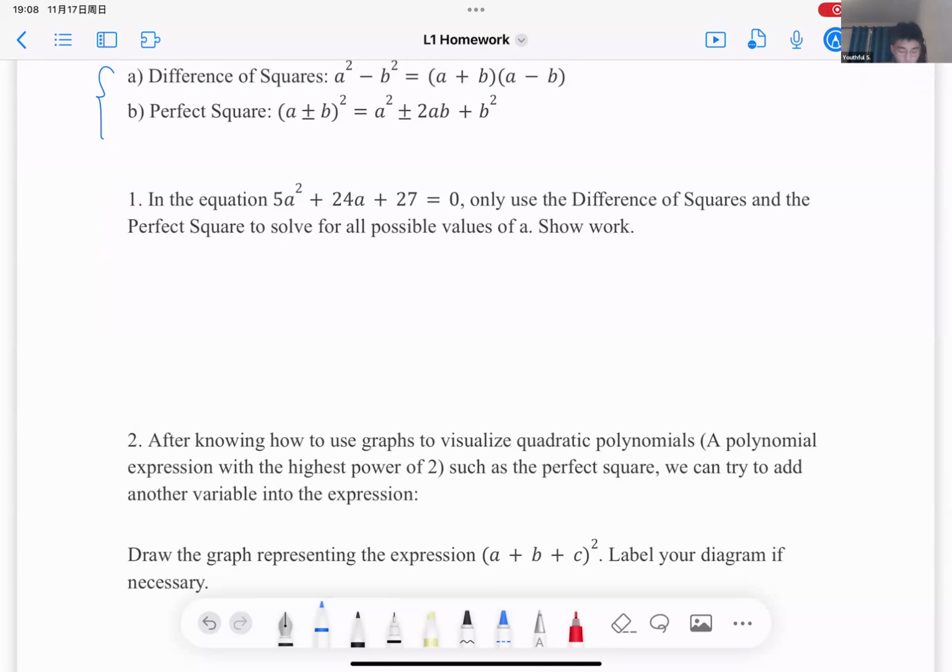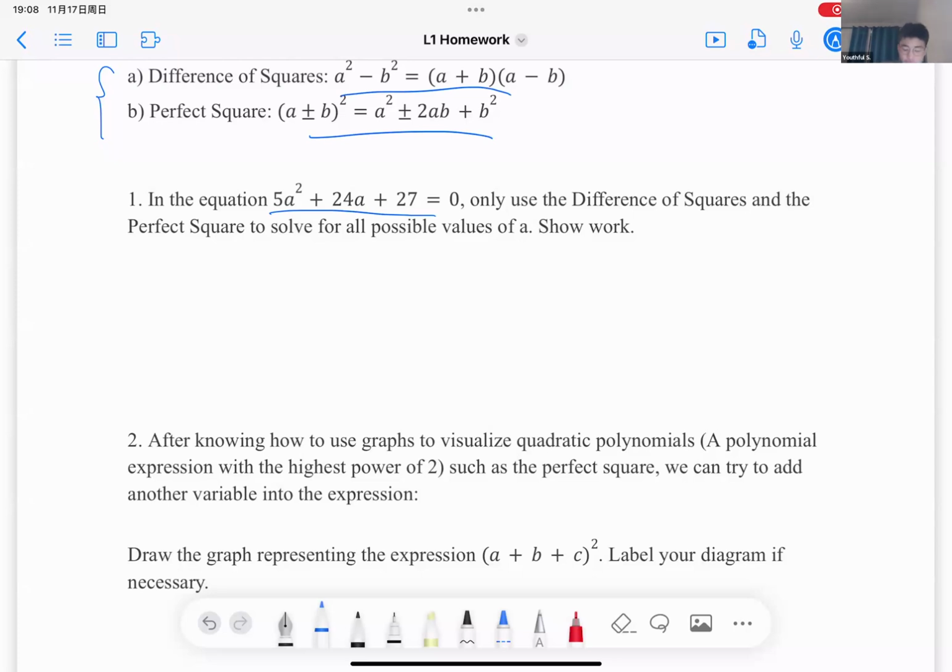Okay, so the first one, in equation 5a squared plus 24a plus 27 equals 0, only use those two formulas to solve for all possible values of a. So what can you notice after seeing those two formulas and this equation?